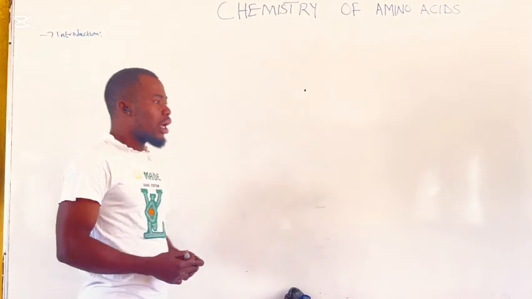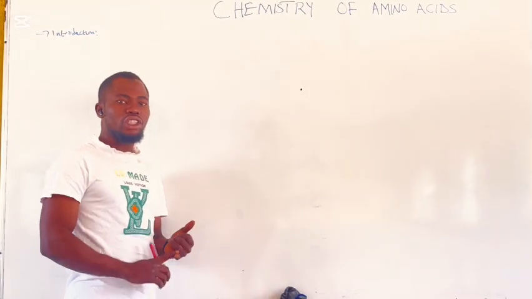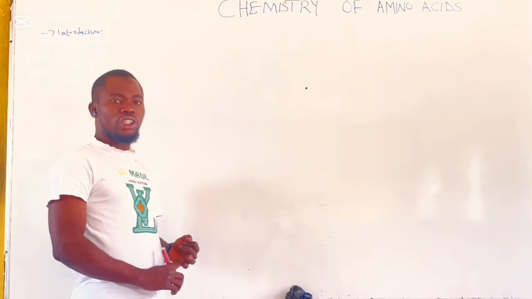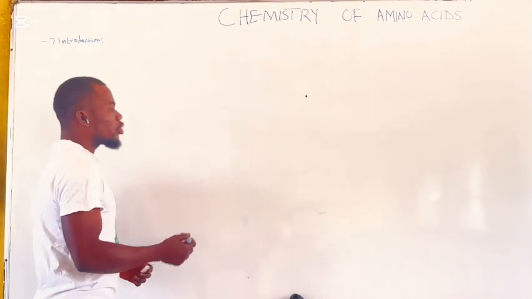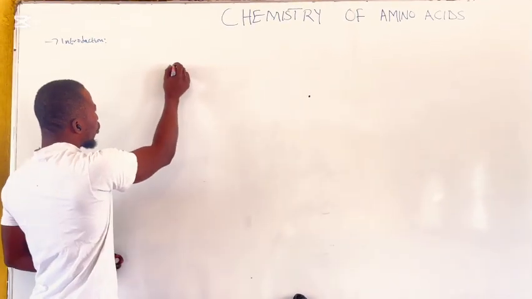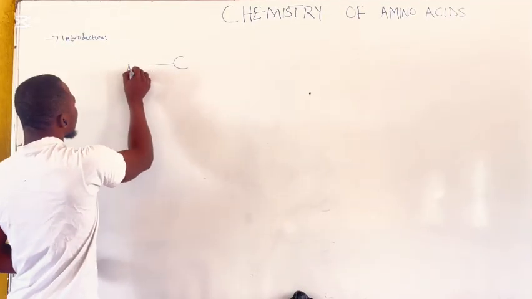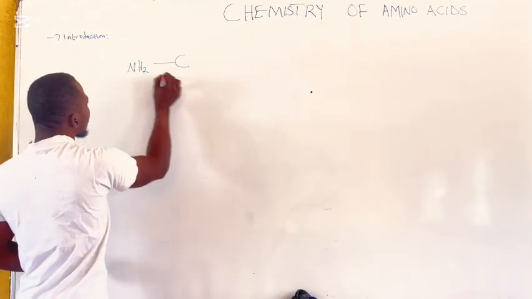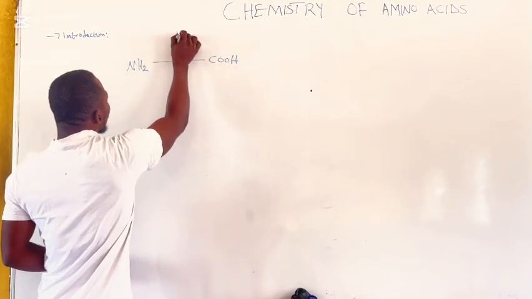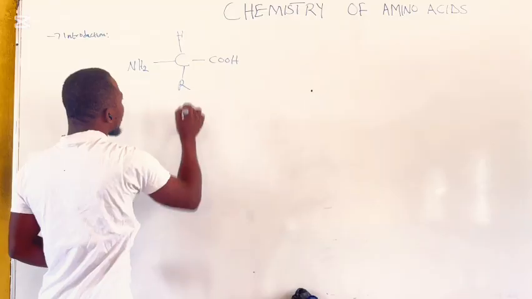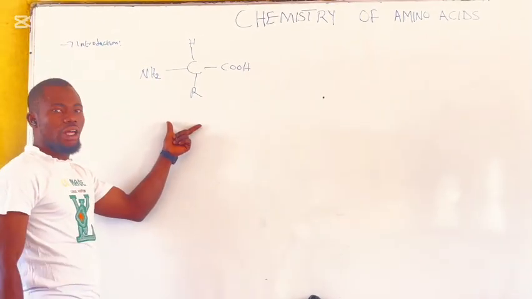So we said amino acids contain a carboxylic functional group, a primary amino functional group, and a distinct side chain. The general structure of amino acid goes like this. This is the general structure of amino acid.